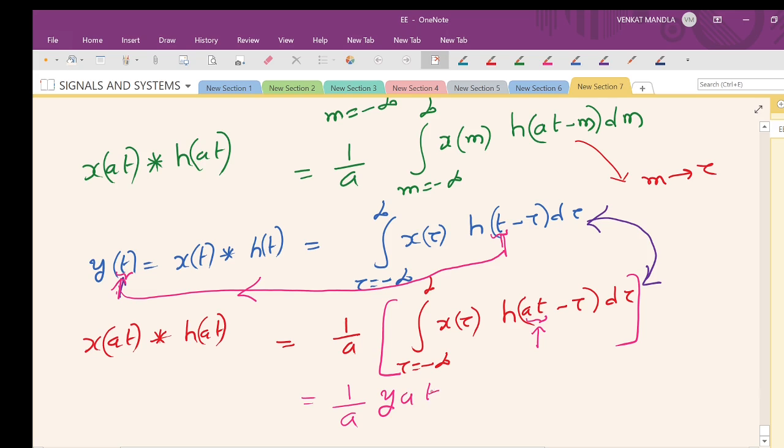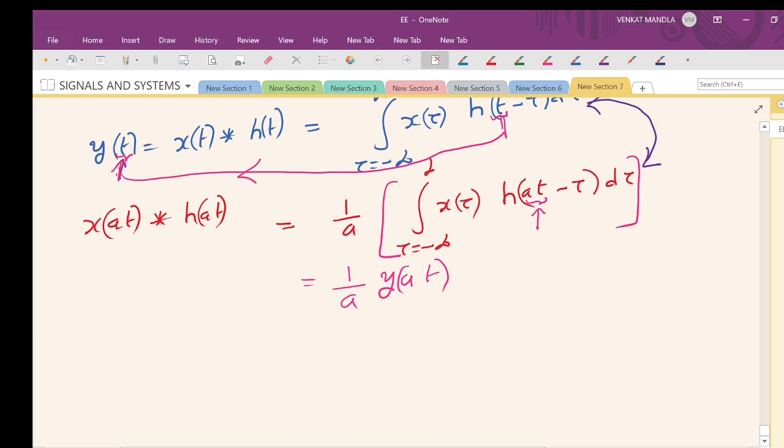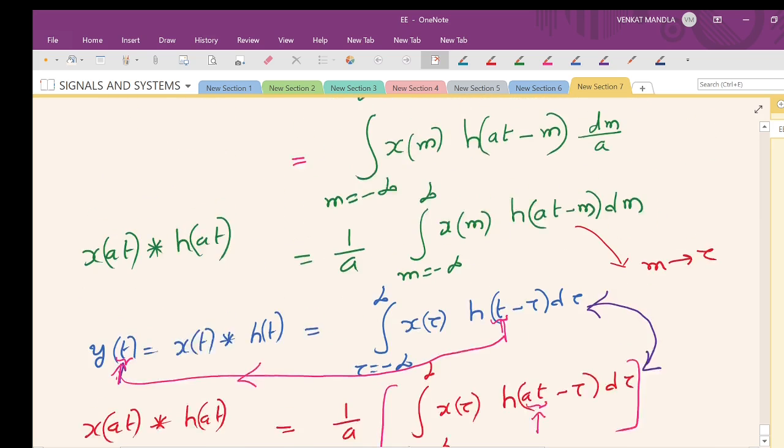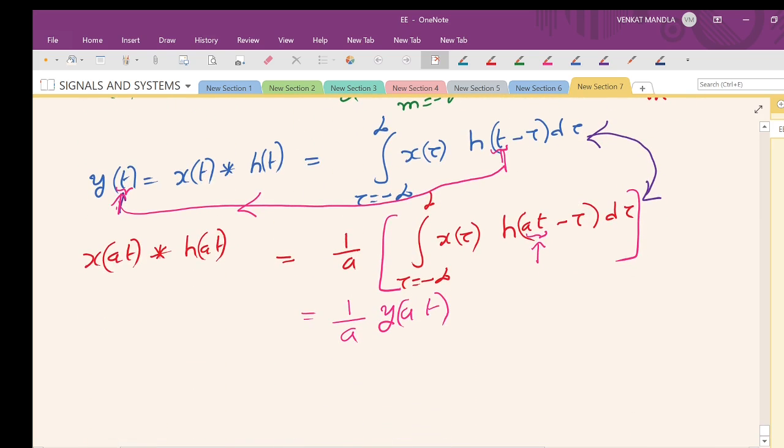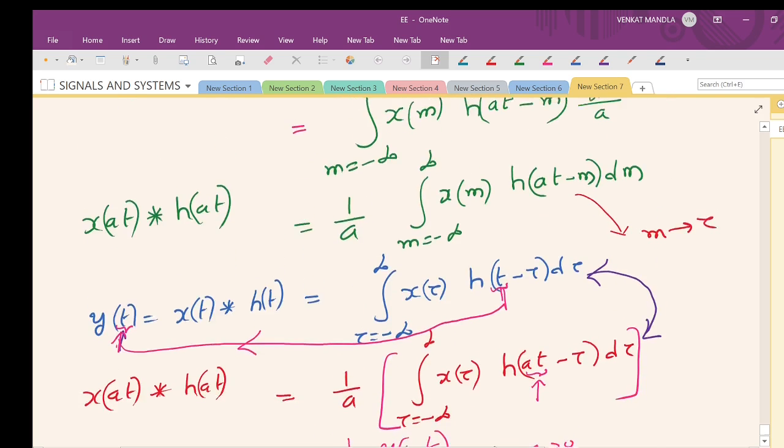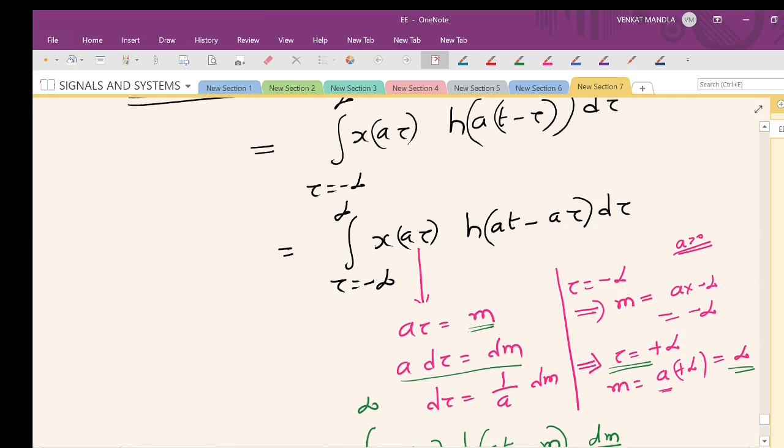That's it. So x of a t convolution with h of a t is 1 by a y of a t. But this is for a greater than 0. What if a is less than 0? I'll explain that.